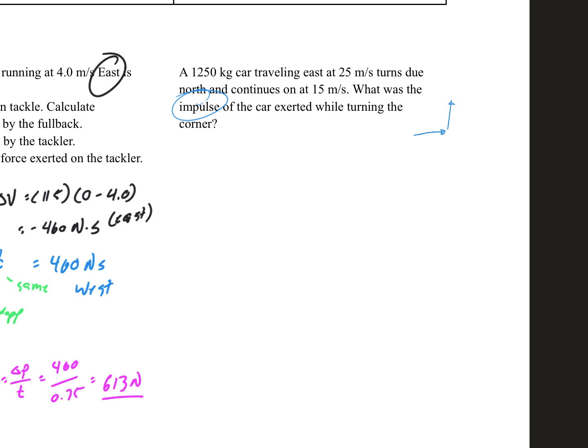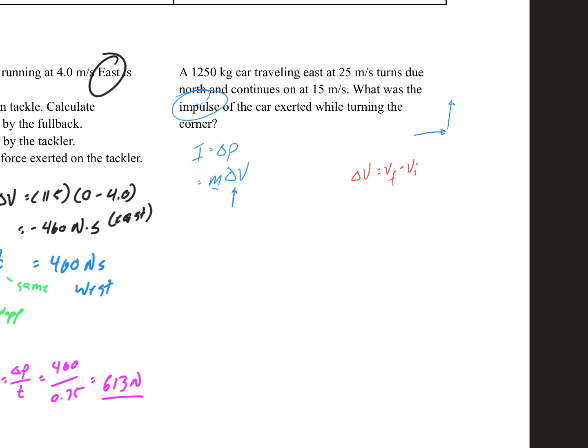So the first thing I want to do is look at this and say, okay, the impulse is the change in momentum, which means it's the mass times the delta v. So I know what the mass is, but this delta v is kind of tricky here. If we remember back to our vectors, delta v means the final velocity minus the initial velocity.